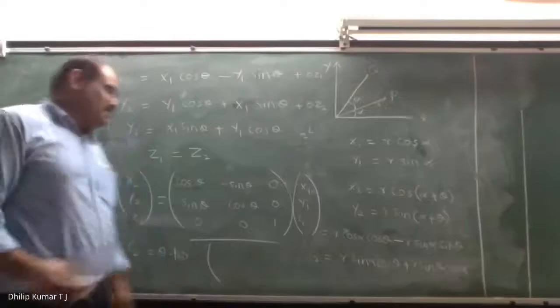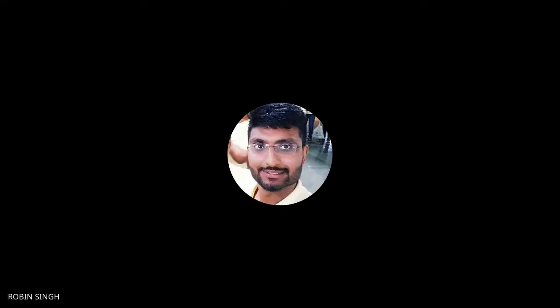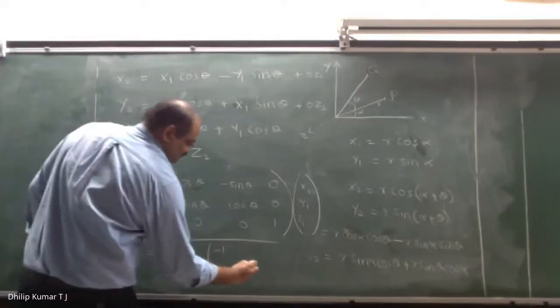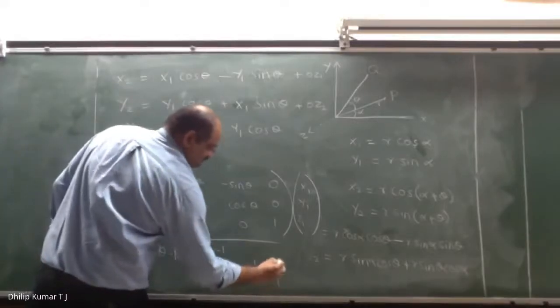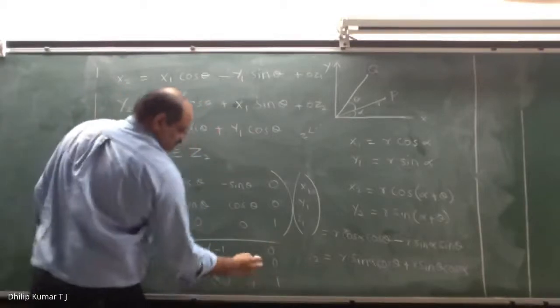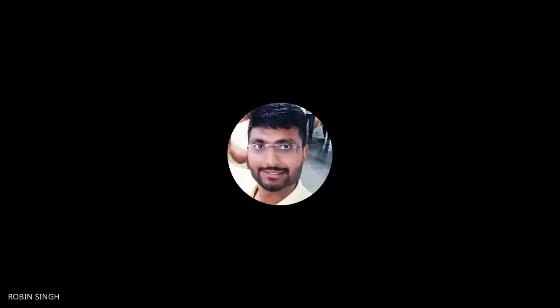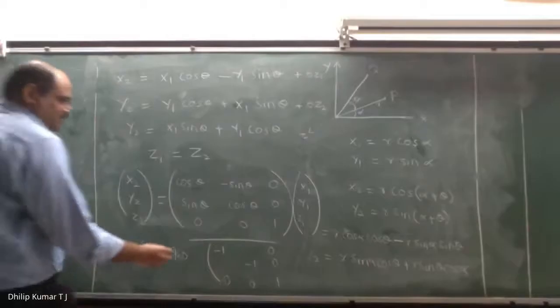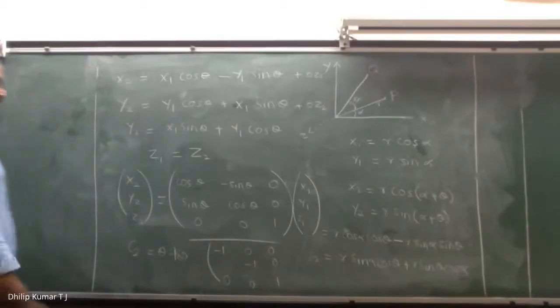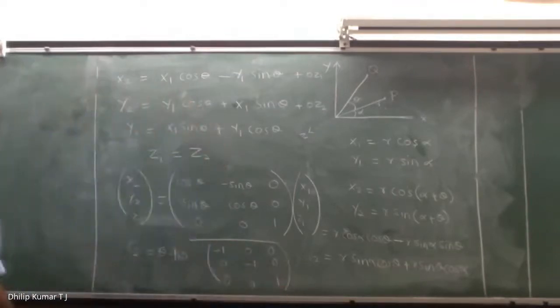Sine 0 is 0, and sine 180 is also 0. So here it is 0. So this is for C2.